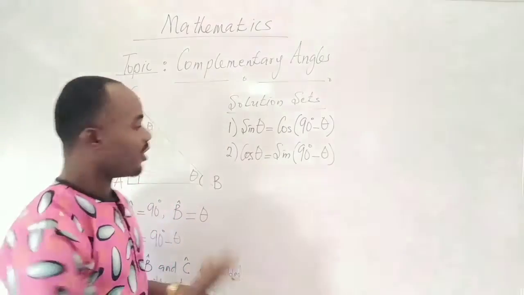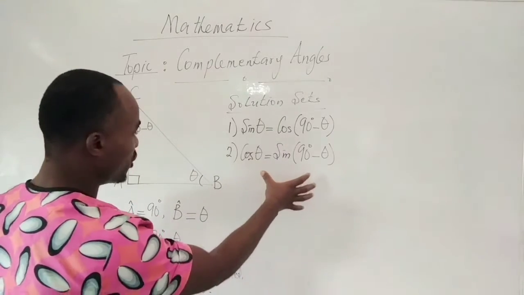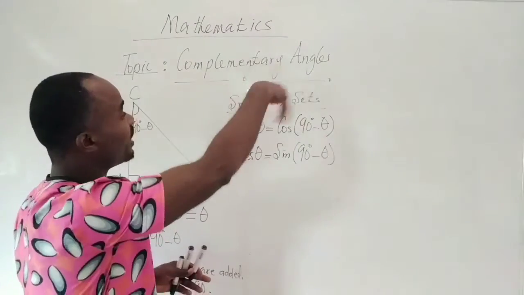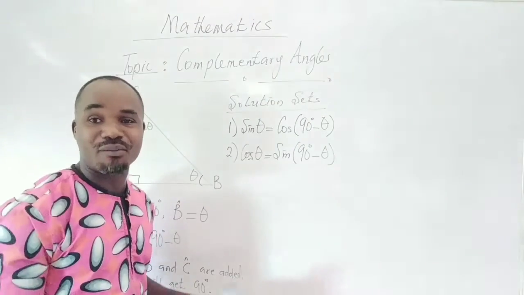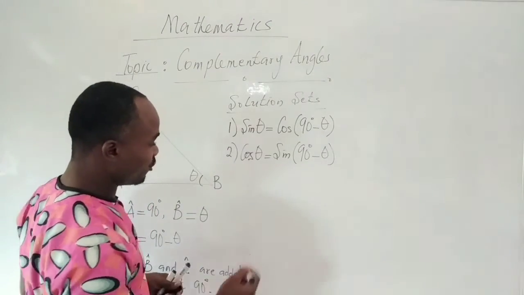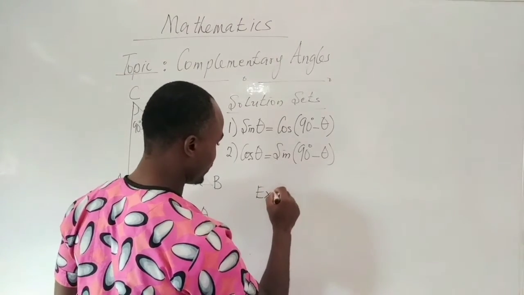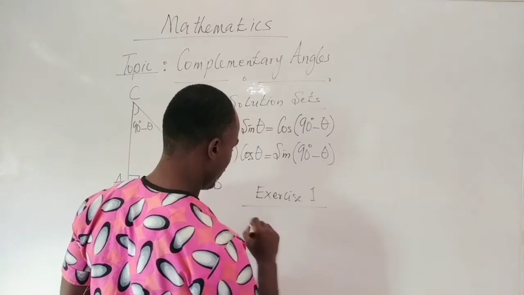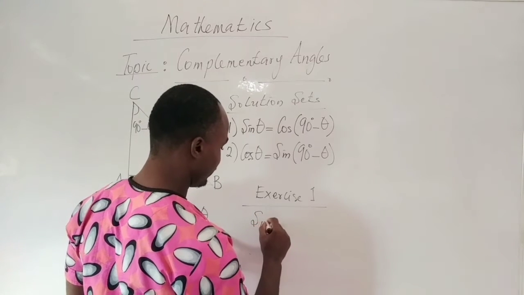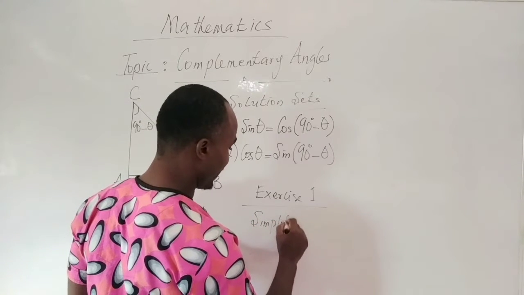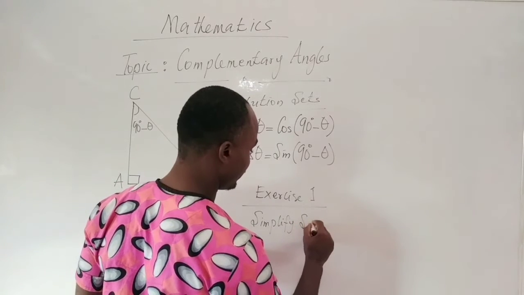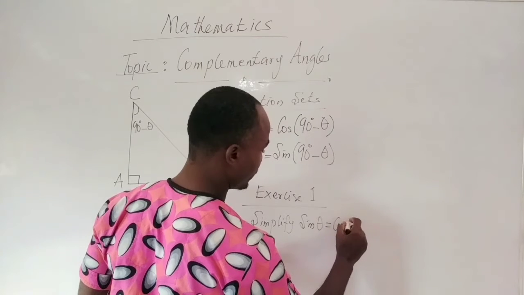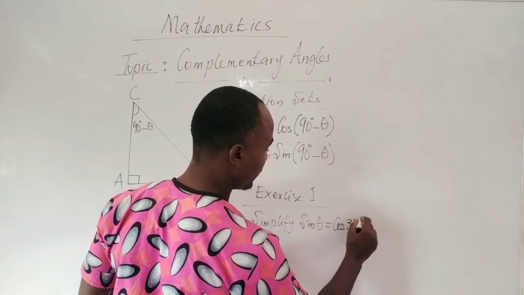So let's use this now to explain how certain problems involving complementary angles can be resolved. We are going to use a small exercise. The question is: simplify sine theta equal to cos 30 degrees.